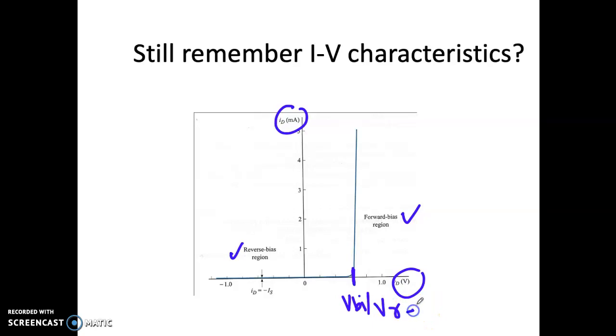What is this V gamma? It is the turn on voltage of the diode. If the supply voltage is less than your V gamma, you will be in reverse bias, meaning there will be no current. If it is more than V gamma, it will be forward bias, and then there will be a current. So in this graphical approach, we will base it on this IV characteristic of the diode.